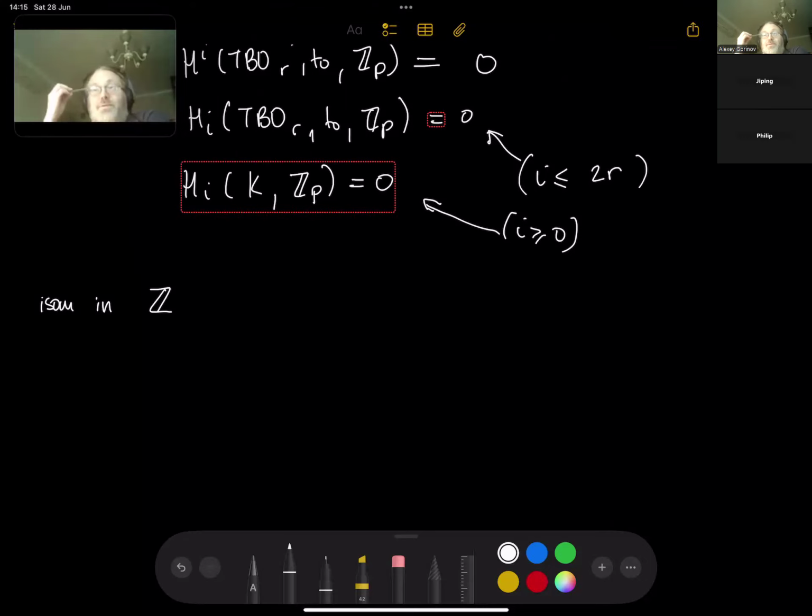It could happen that all Z_p cohomologies are isomorphic, but for the wrong reason.